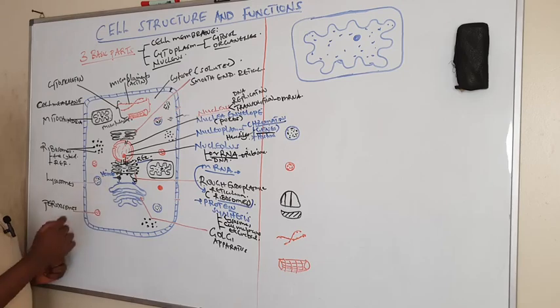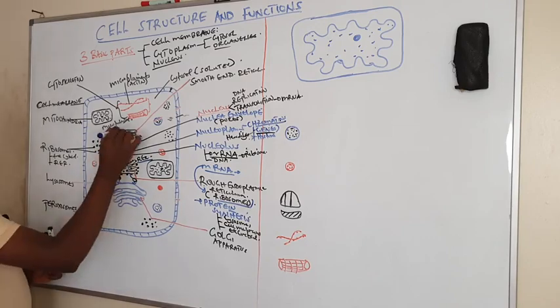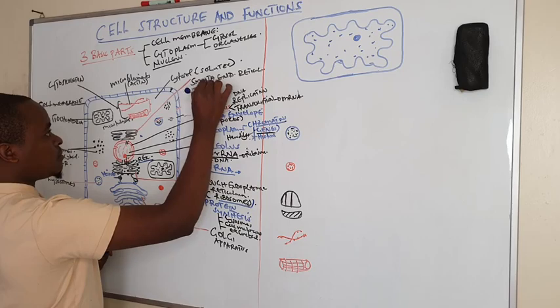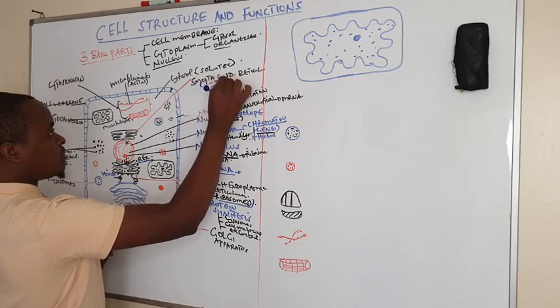But before we look at the function of the Golgi complex, we also have the smooth endoplasmic reticulum. It is smooth because it lacks ribosomes.